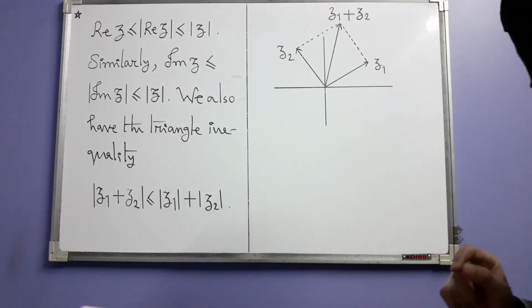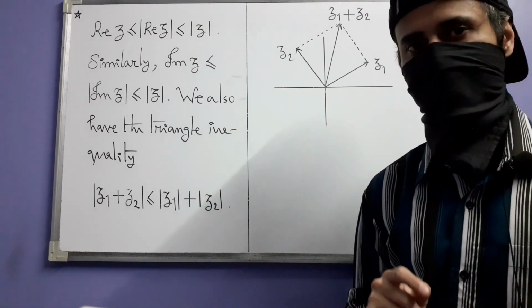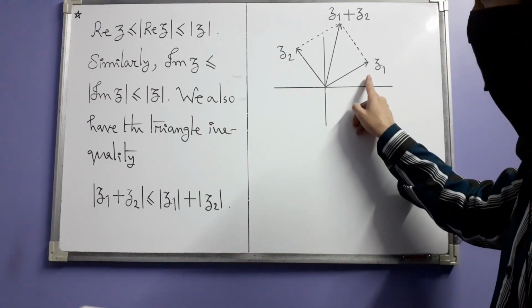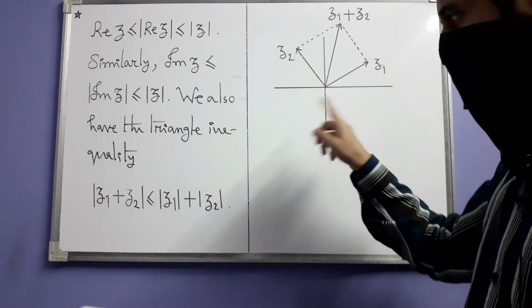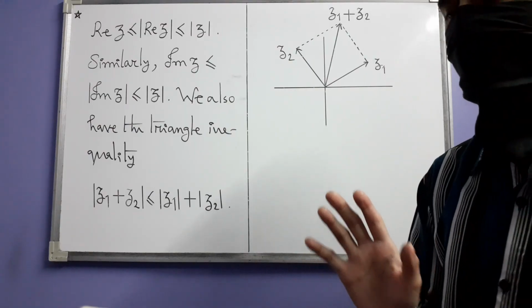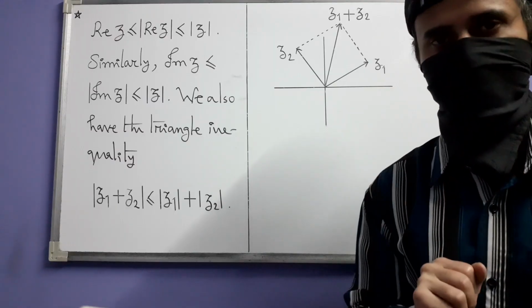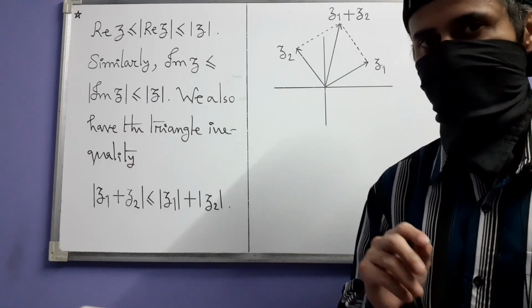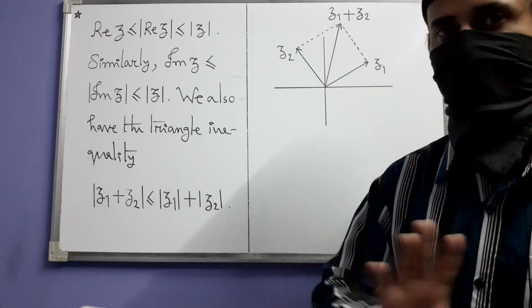But the problem here is that, even though you can take this as a geometric proof of this inequality, you will have to consider many cases depending on where these complex numbers are located. The thing you have to make sure is that you don't miss anything. When working with geometric things, there is always a possibility that you are missing some case.